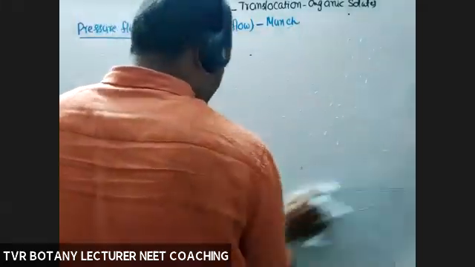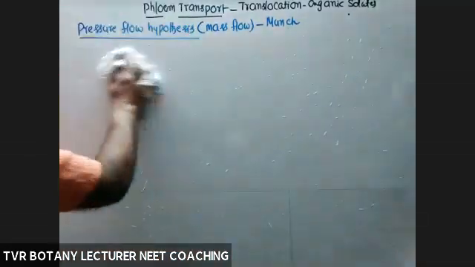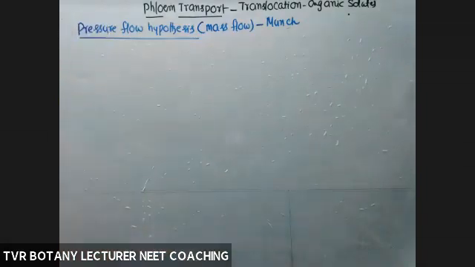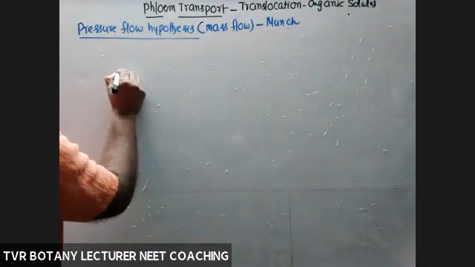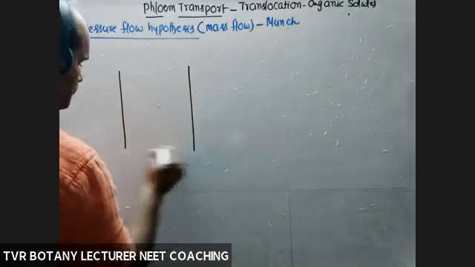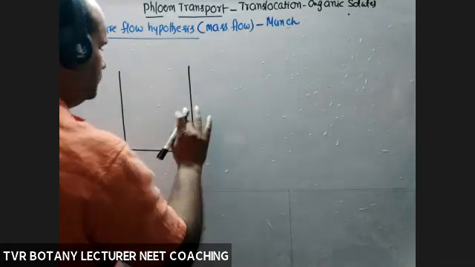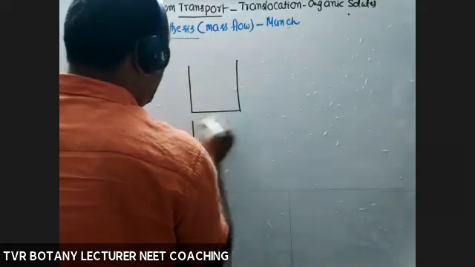So this is a real diagram. And now I'm taking a dummy one. This is not the real one, the dummy one. So this is beaker 1 and beaker 2.